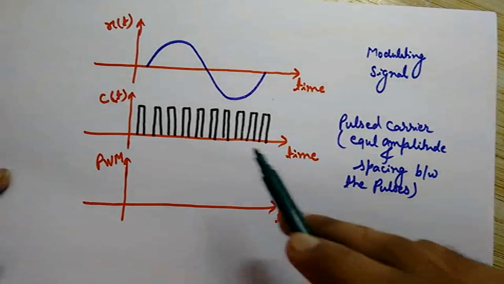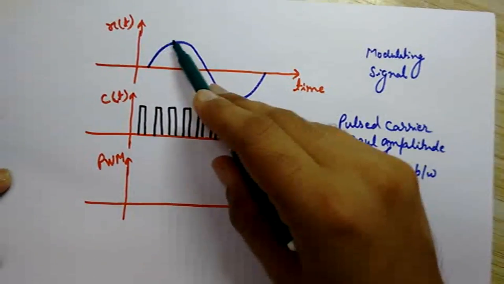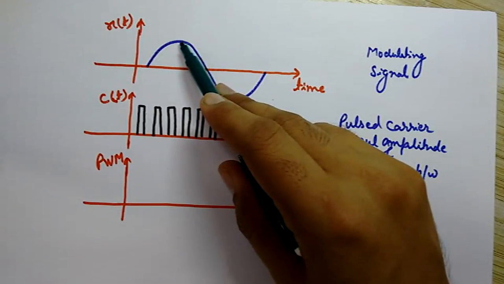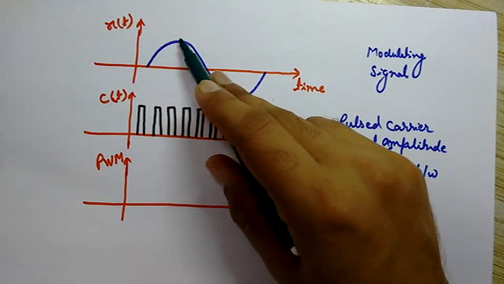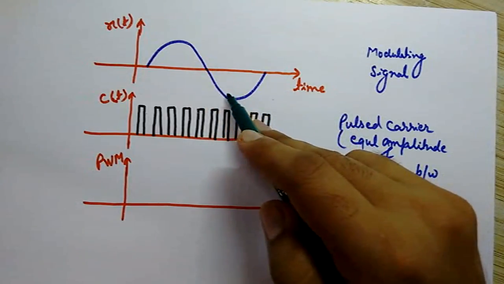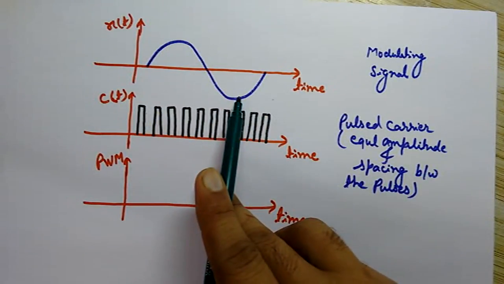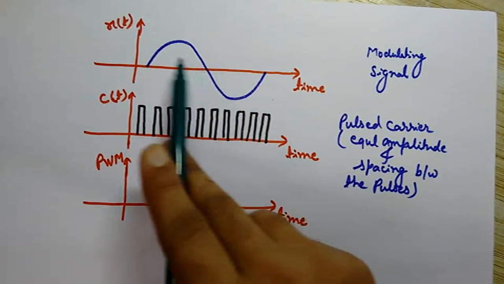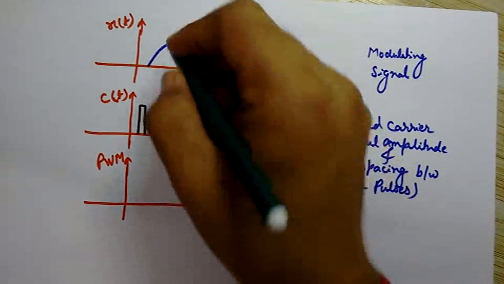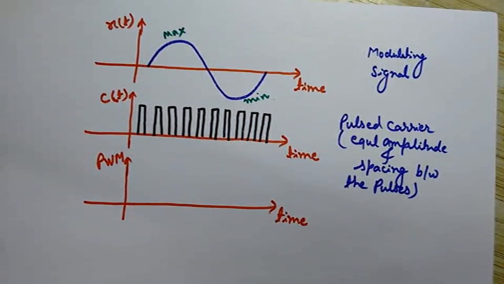The simple thing is that as the amplitude of this modulating signal increases, the width of the pulsed carrier increases, and as it comes down, the width decreases. So here it is maximum amplitude, and here it has the minimum amplitude, and some intermediary widths between the maximum and minimum.